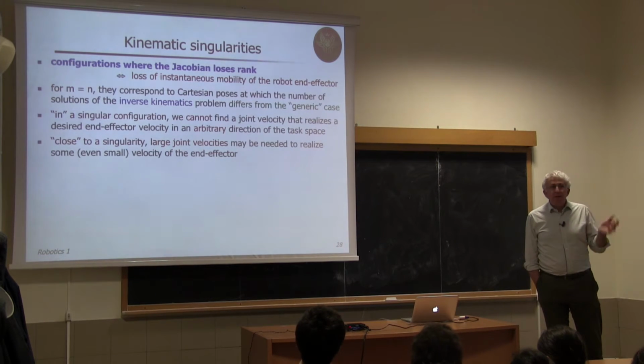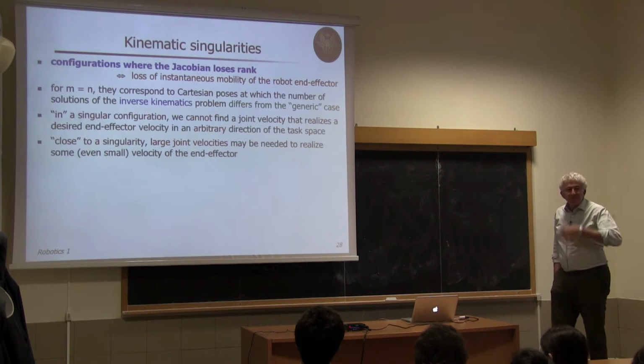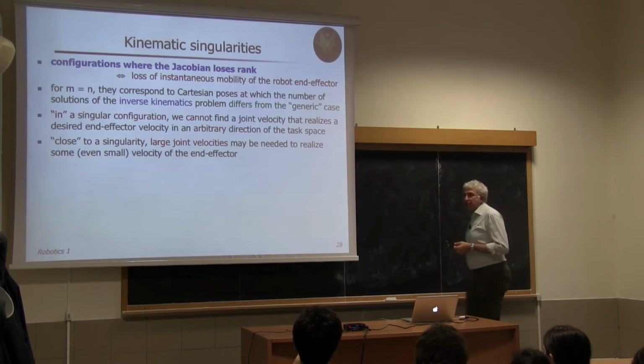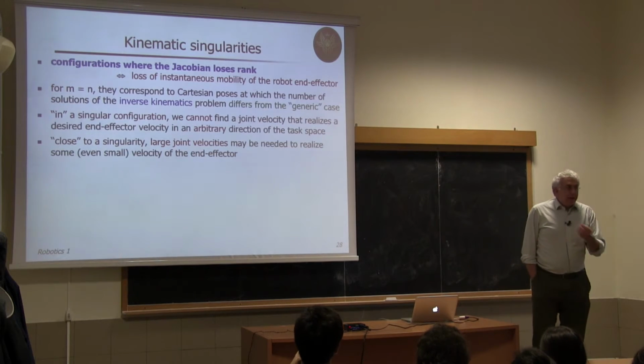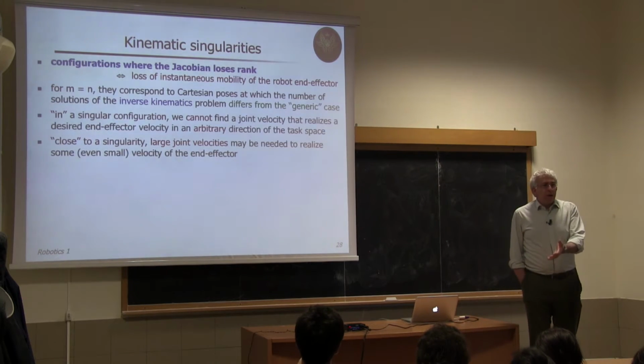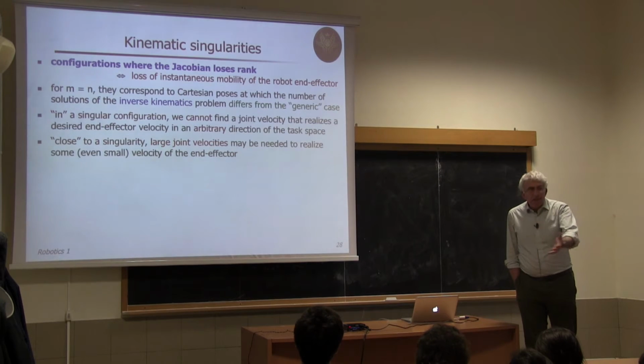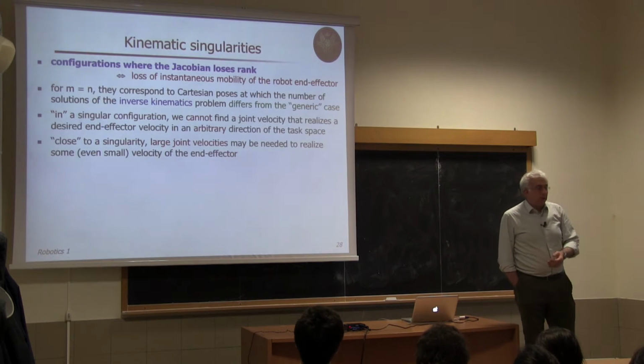So it's a kind of amplification factor which is enormous. And typically, even if the Cartesian velocity requested was very low, let's say 10 centimeters per second or 20 centimeters per second, the extremely large value of joint velocity asked of the robot will not be feasible for the actuators.